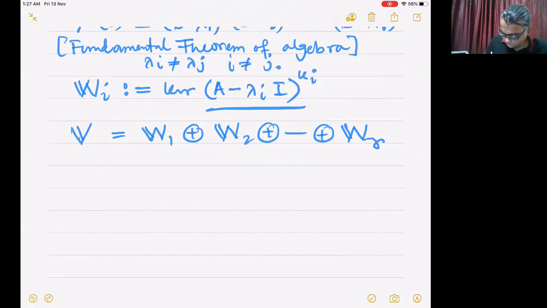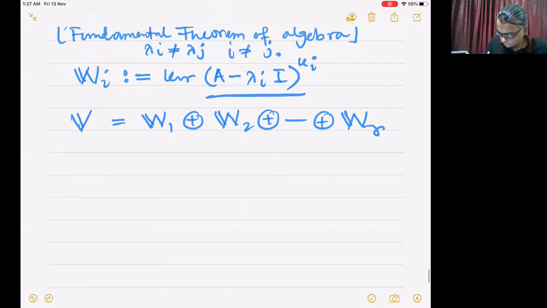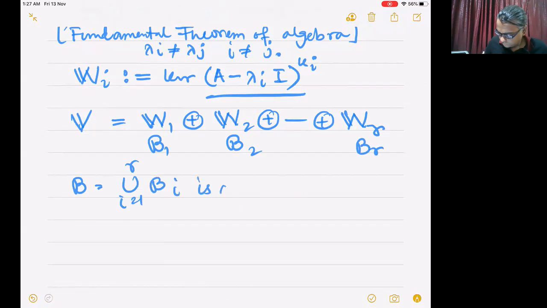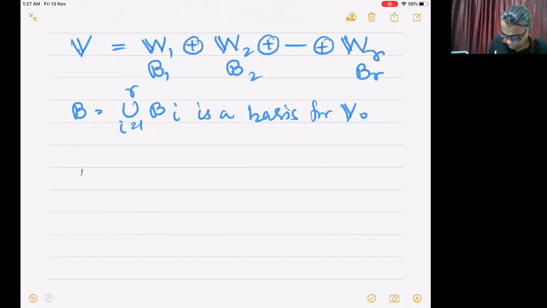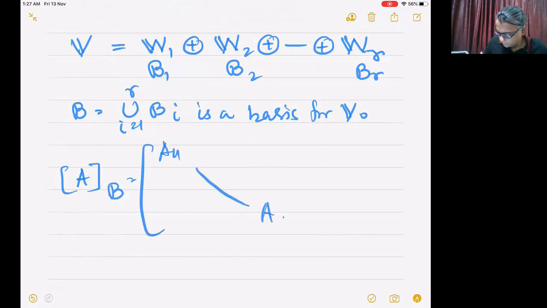In this basis, B1 would be a basis for W1 and so on, up to BR. B, of course, then gets defined as the union of Bi from 1 to R. B is a basis for V, of course, because of the direct sum decomposition. And in this basis, A's representation is given by A11 going up to ARR.